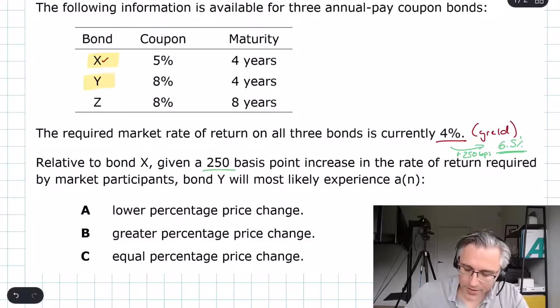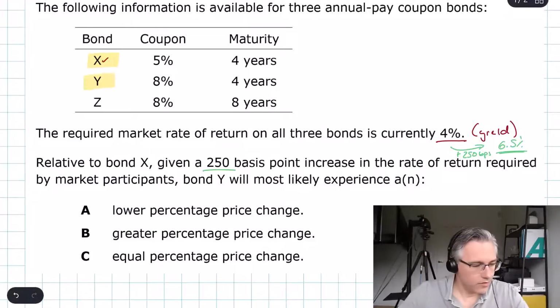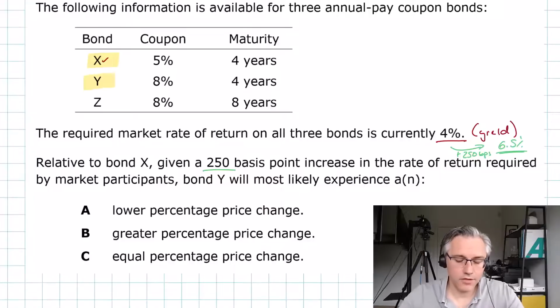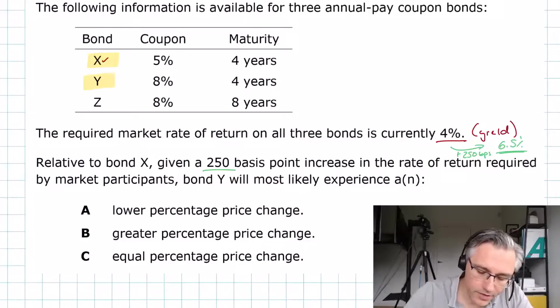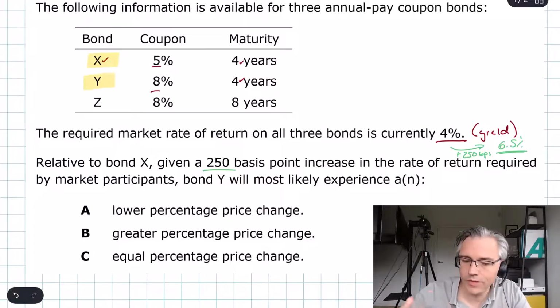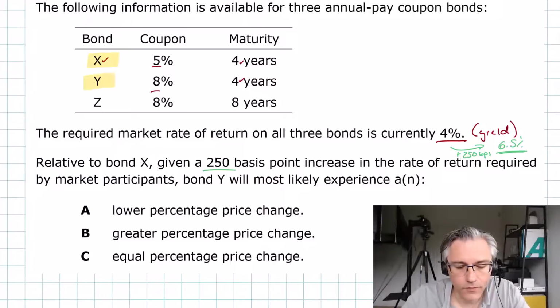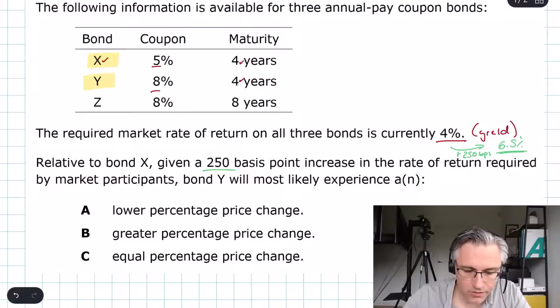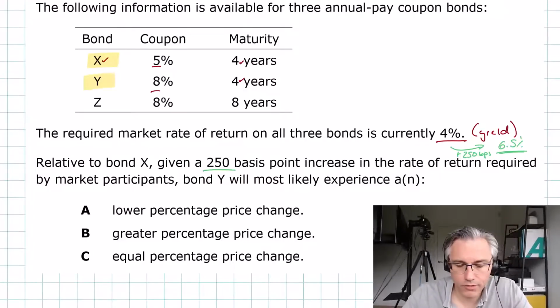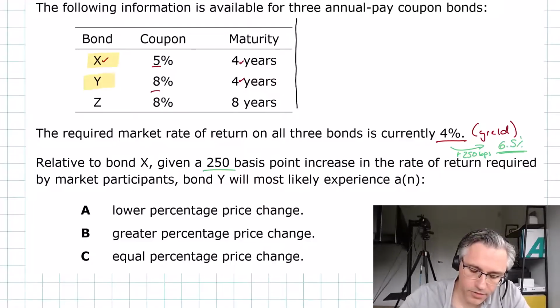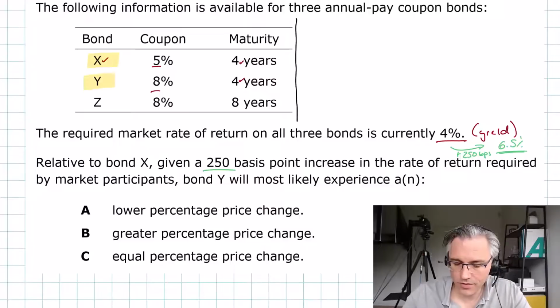Now you can solve this question without the calculator because you can utilize the coupon effect. In fact, these two bonds have the same time to maturity, but they've got different coupons, and one of them should exhibit a bigger sensitivity than the other, but let's not spoil the question. Let's do it properly. I've got my calculator fired up here, and what I'm going to do is draw 2 columns on the side.